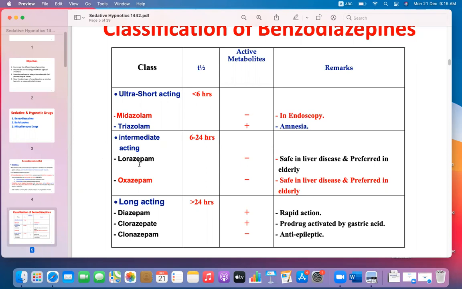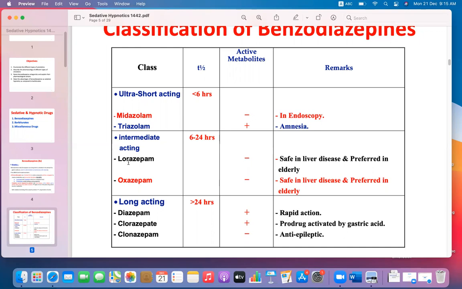The best one is lorazepam as compared to diazepam, because lorazepam metabolism is not affected if the person has liver disease. So it is safe in liver disease and preferred in the elderly.